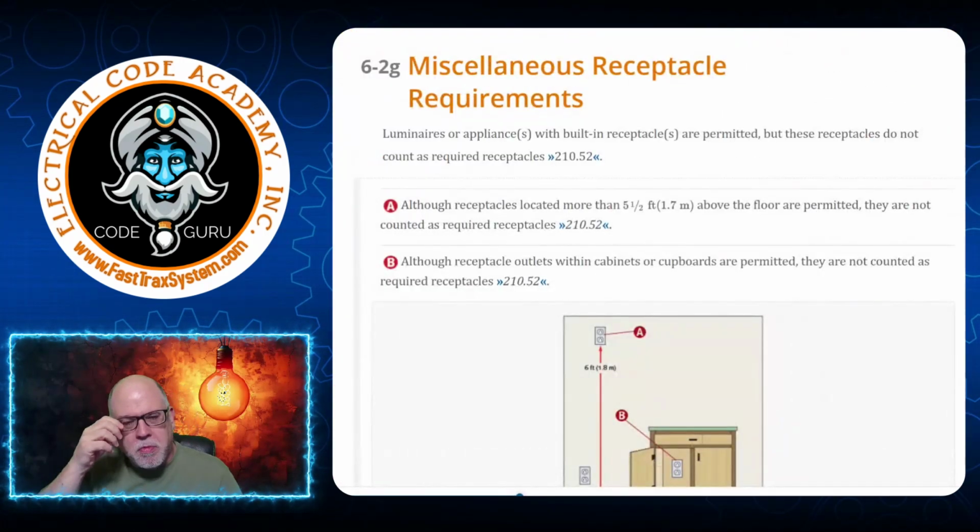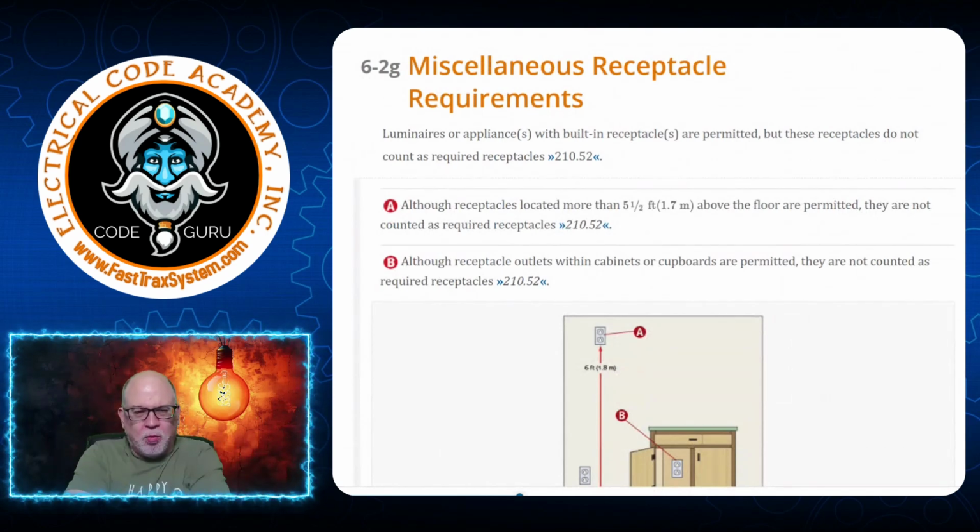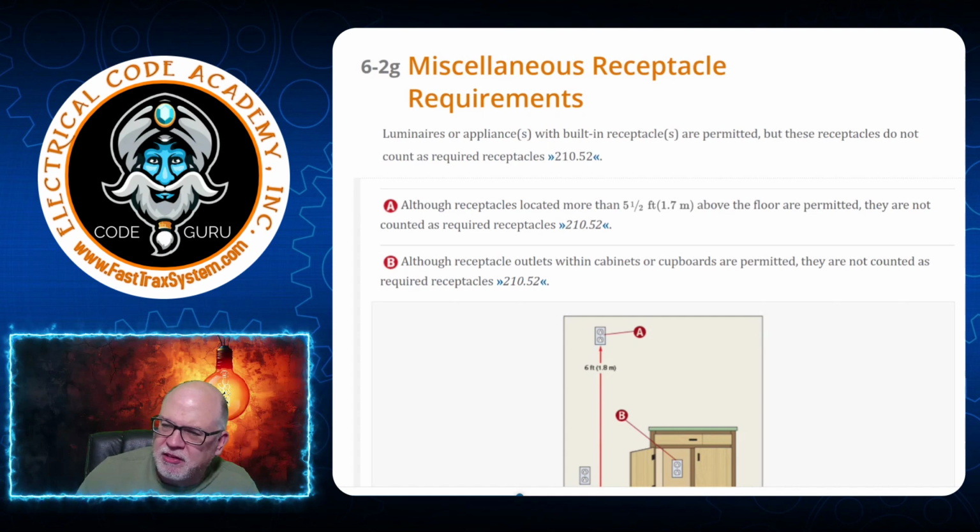All right, now you heard me talk about, can I have other receptacles as well, even though they're not there to meet the spacing requirement? Absolutely, I can. So look here. It says luminaires or appliances with a built-in receptacle are permitted, but these receptacles do not count as the required receptacles for spacing.